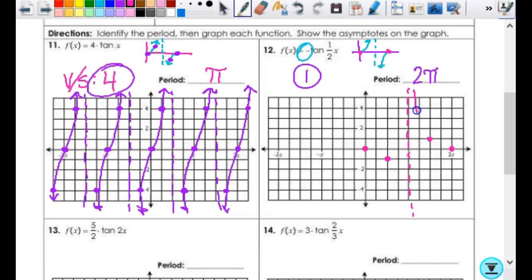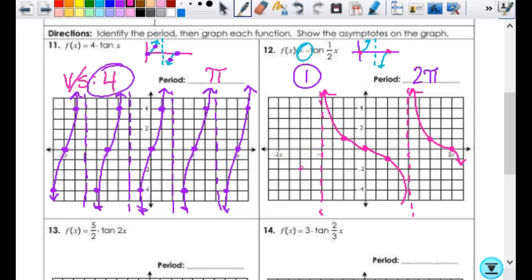So I have this, basically. And then I need to repeat that. So this is at negative pi. And this is here at 1. So I have to back up or I'm going to get my points off. Okay, 2 over here, and I'm at negative 1.